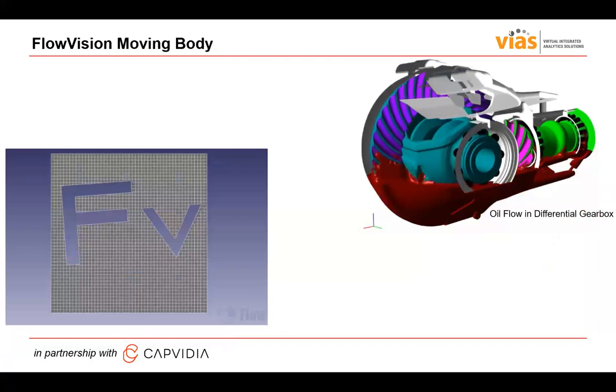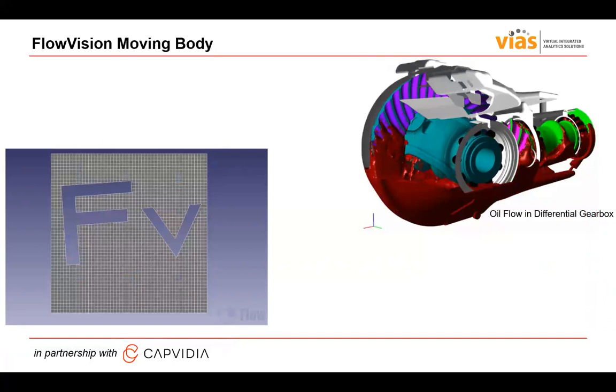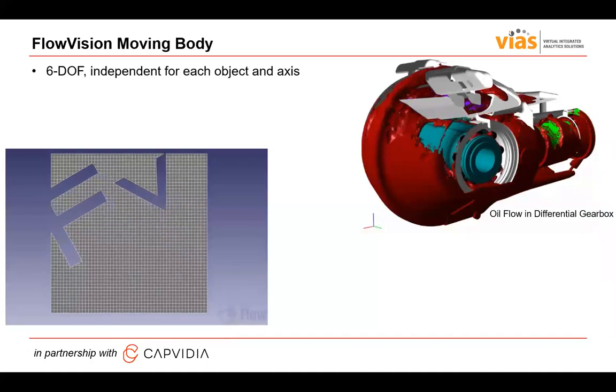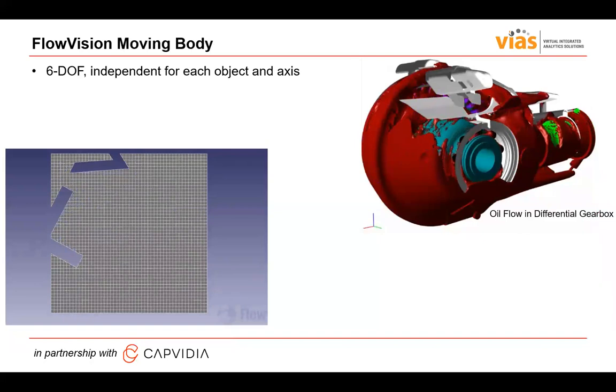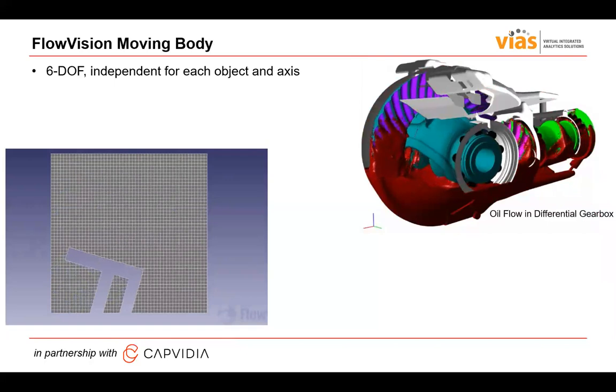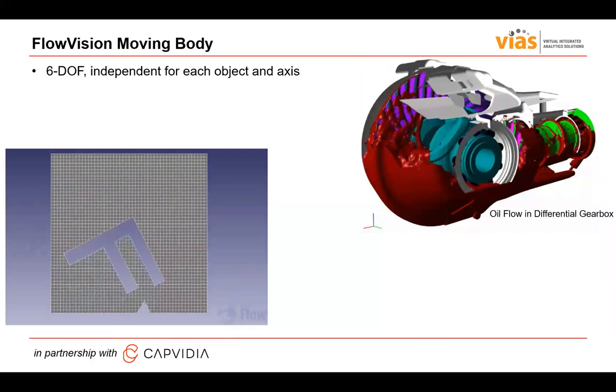Followed by that, another peculiarity of FlowVision is how it approaches the moving bodies. We define the movements in 6 degrees of freedom, whichever one or group of them the user wants to use, and independent movement definitions can be made for each object and axis.